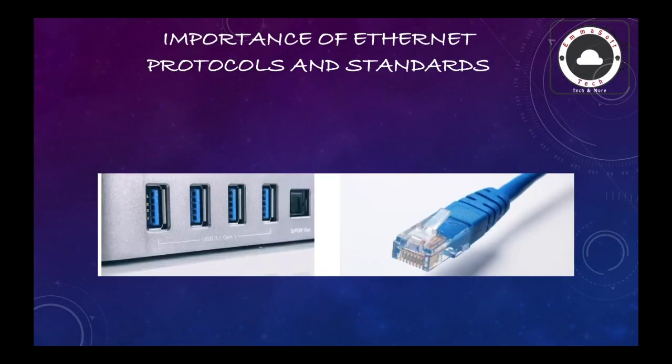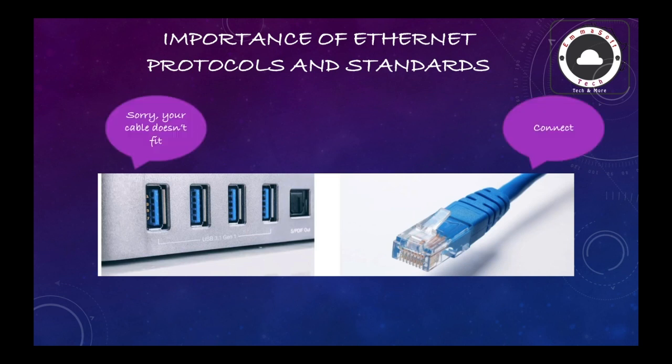Then we have also this scenario where we have to connect possibly to the switch or to the router or to the PC using an Ethernet cable with the RJ45 at the end. But again, on the other side, we have the USB port. So when we try to connect, obviously, the answer will be no, because there is no match at all.